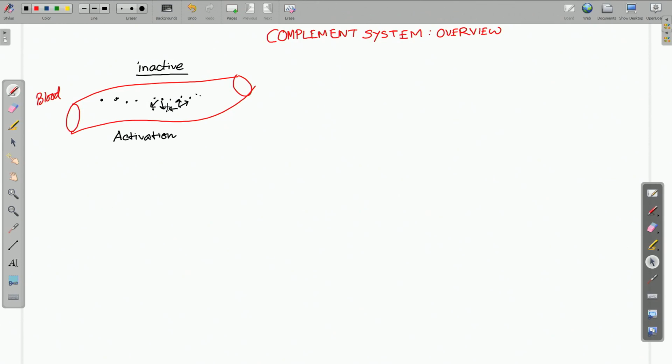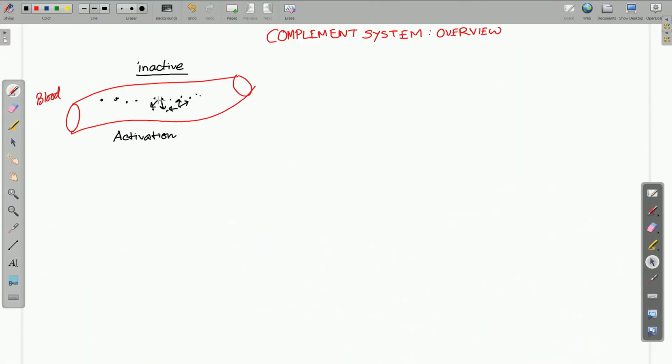Once they are cleaved and activated, they find another target protein, associate with it, and start to activate another complement protein. So, this is a cascade. The activation of the complement system is a cascade of events. It goes on as a chain reaction, one after the other, and that activation leads finally to the killing of the bacterium. So, as I told, these proteins move around in the blood all the time in inactive form, and then they are activated by the cleavage.